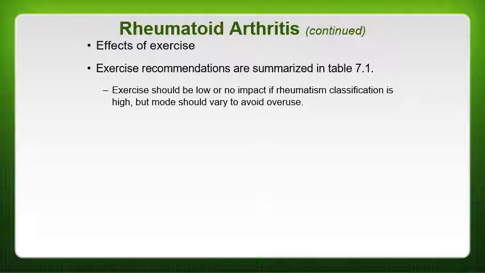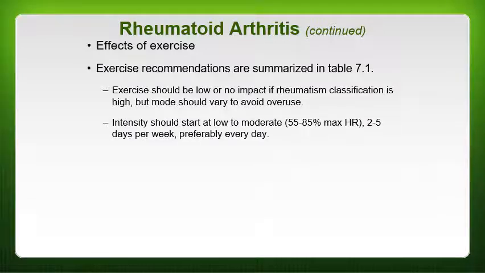So you should try to vary the modes as much as you can to limit overuse injuries. So you might want to change your exercises more frequently. Those of you possibly using a conjugate approach, where you're changing your exercises, it doesn't have to be very frequently, but just to help avoid overuse.